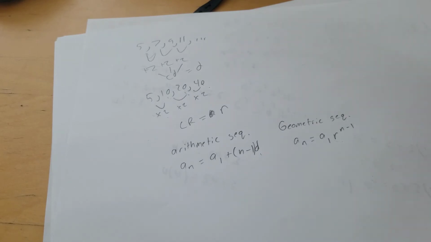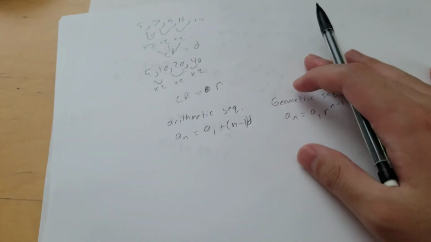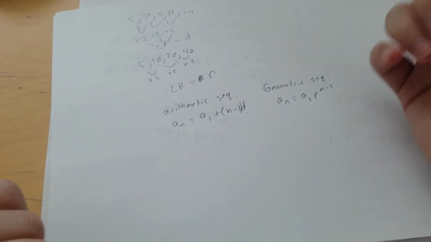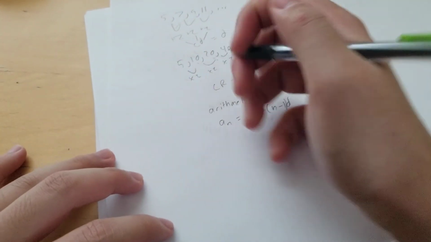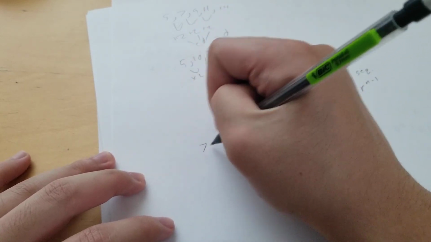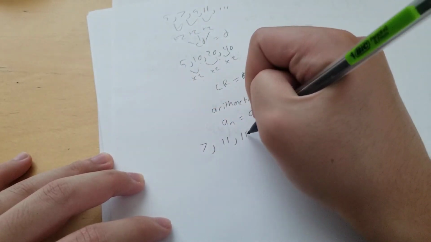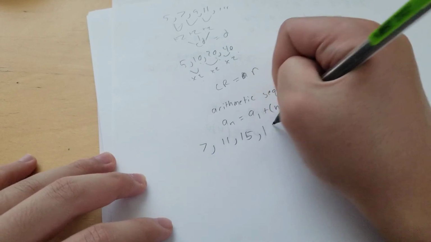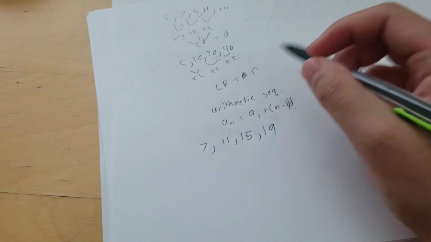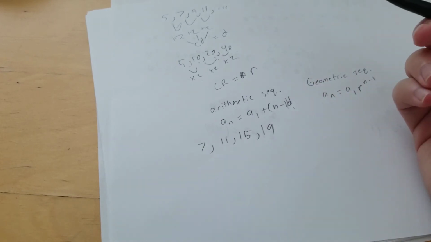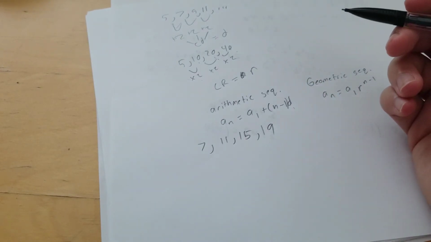Okay, so common questions include finding the formula for yourself. So let us do one or two examples of such. Find the explicit formula for the an term of the sequence right here.